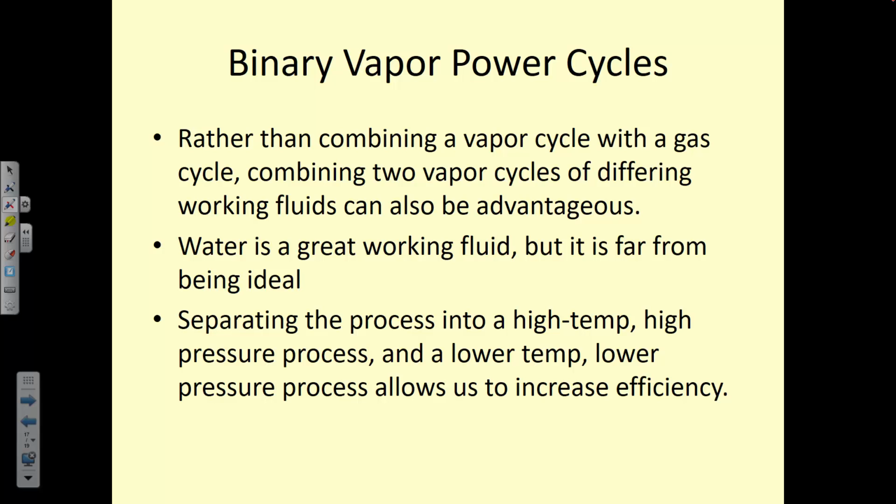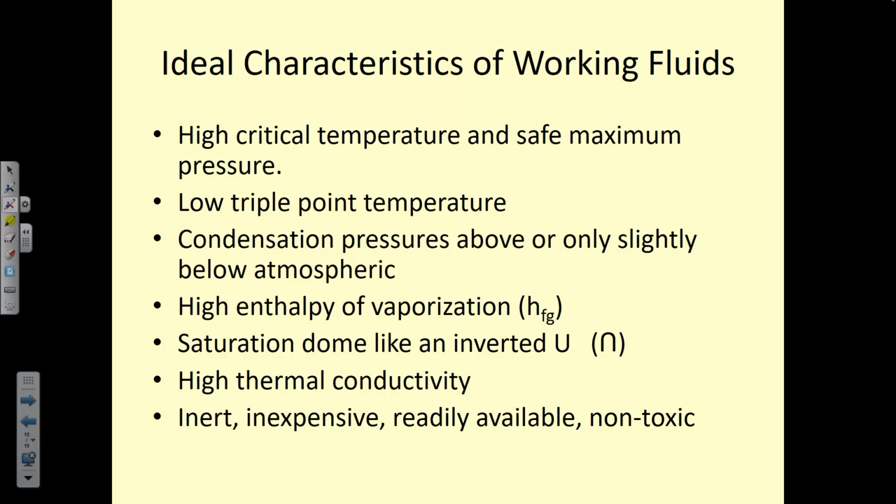Because water is a good working fluid, it's readily available, it's cheap, it's easy to operate, but it's not ideal because of the critical point being so low that we can't operate above the critical point without weird things happening. So if we separate the process into a high temperature working fluid and a lower temperature working fluid, then we can operate all over the dome, similar to what we did with the gas vapor power cycle, and it allows us to increase the overall efficiency.